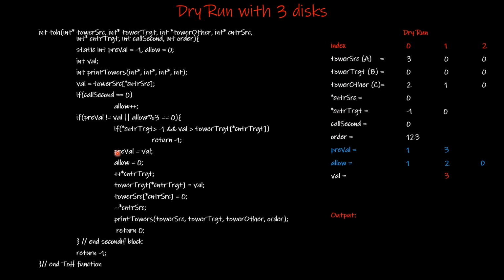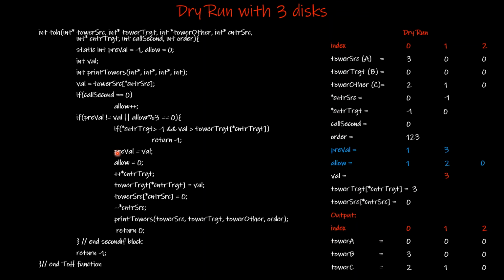Okay, the value of val is assigned to the target tower at the counter target position, so that becomes 3. Okay, value of counter source at the source location is set to 0, and then counter source is decremented by 1, and therefore it becomes -1. Okay, print tower function is called, and this is going to be the output.